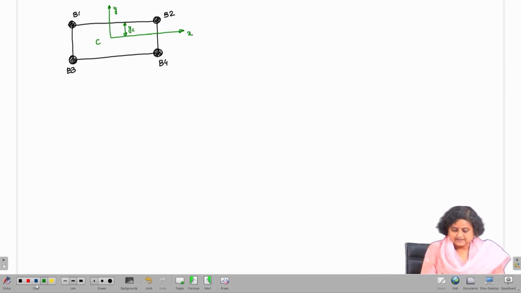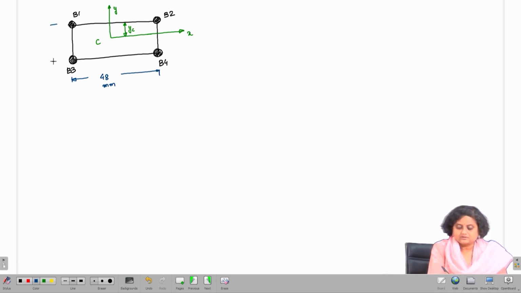This length is 48 mm, and this length is 8 mm.